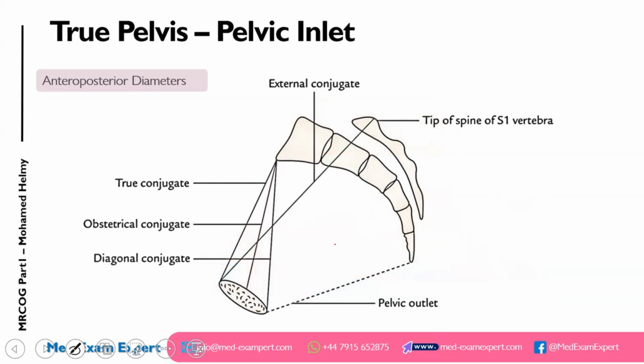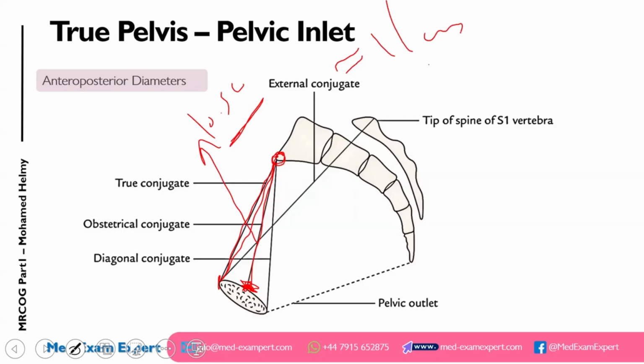These are the three diameters which we care most about. Same point, tip of the sacral promontory, one to the upper part, anatomical, second one to the bulging point at the back of the symphysis pubis, obstetric, and this is what we care about most. It's about 10.5 centimeter, but we are going to approximate it to 11 centimeter, okay?